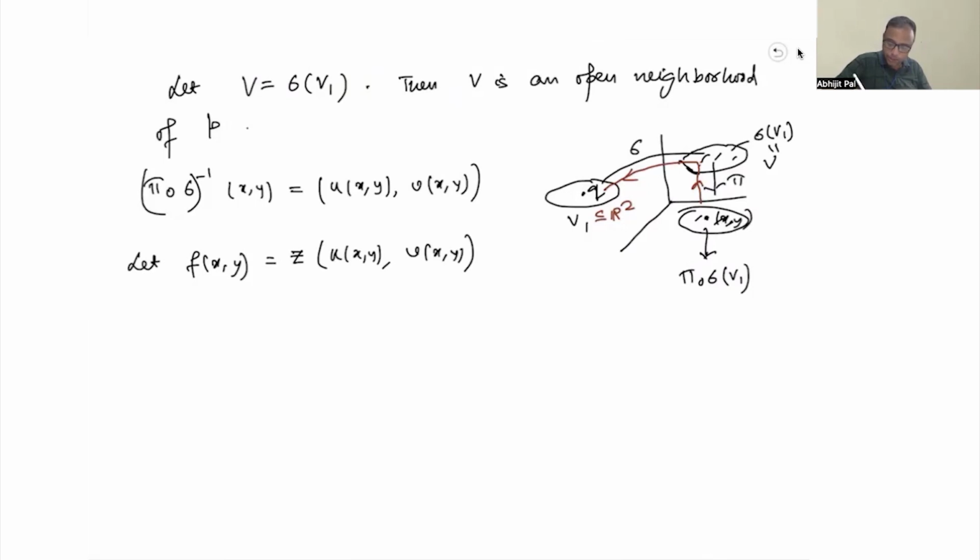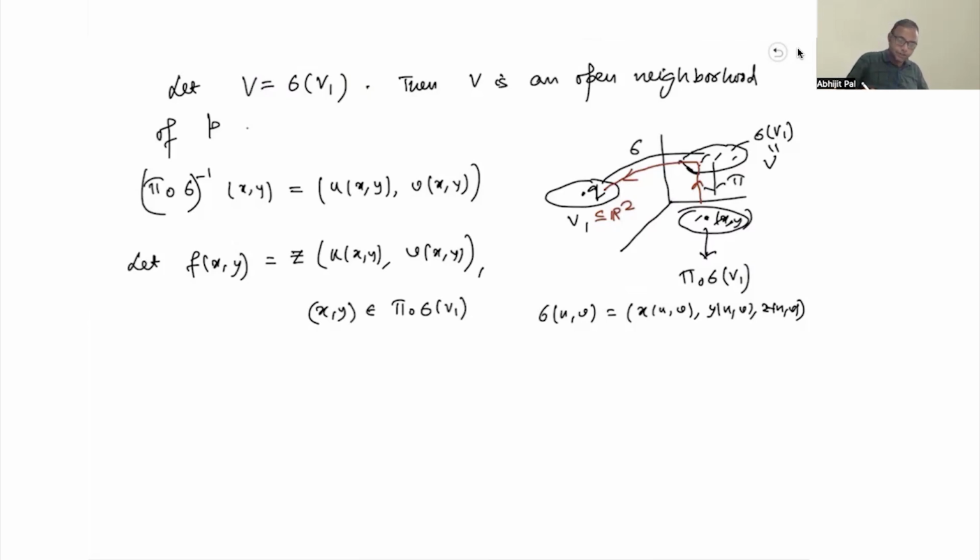Note that sigma of uv is x of uv, y of uv, z of uv. Now u is also a function of xy, v also is a function of xy. So therefore f of xy is equal to z of u of xy comma v of xy, where xy now belongs to pi compose sigma of B1.